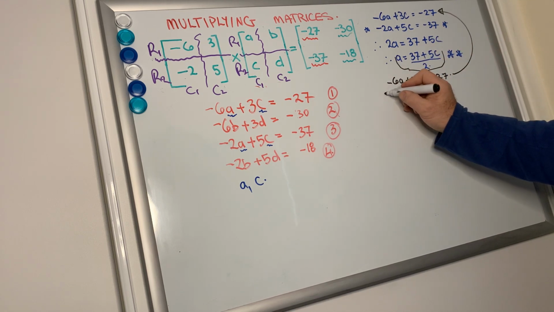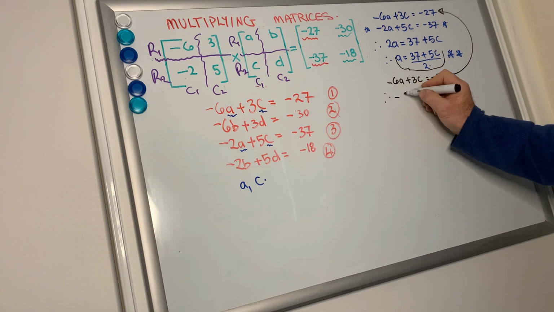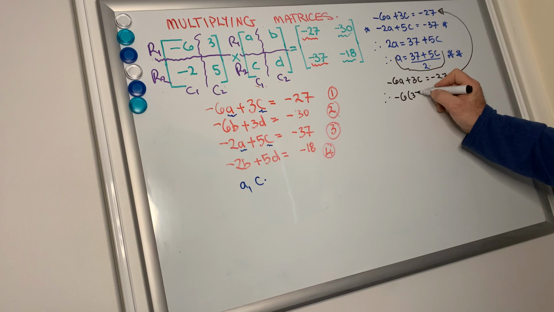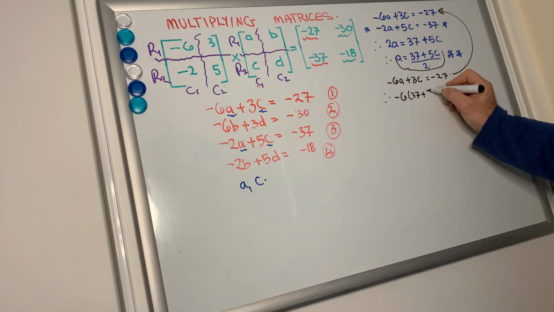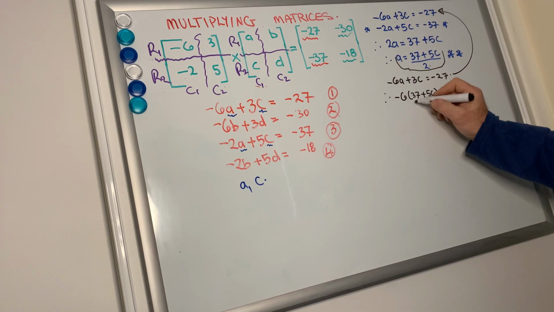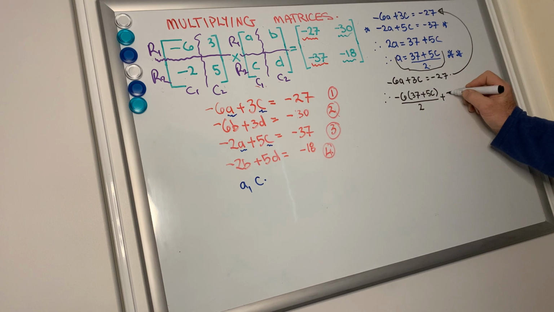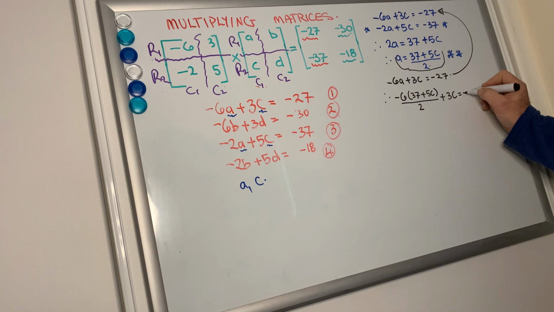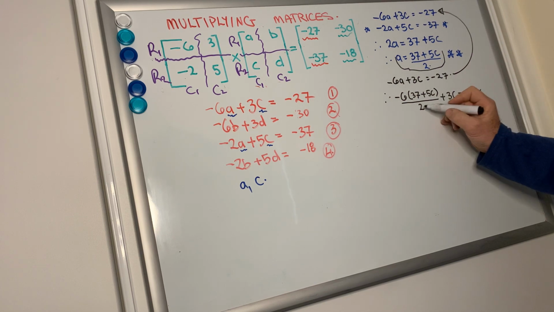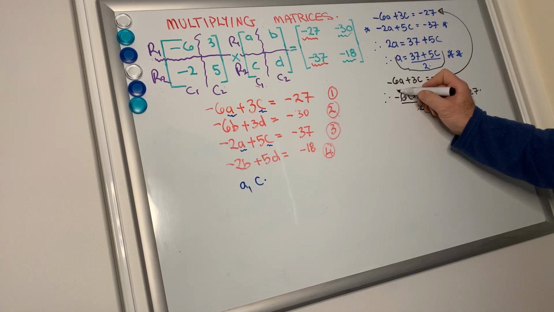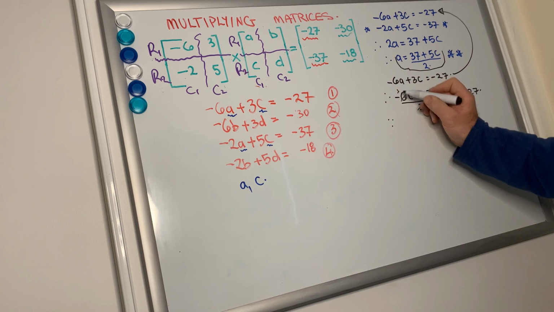Okay, so therefore, minus 6a, which is this, in brackets 37 plus 5c, divided by 2, plus 3c is equal to minus 27. Therefore, I can cross that out with that, and that becomes a 3. Therefore, now it's a 3. Okay?